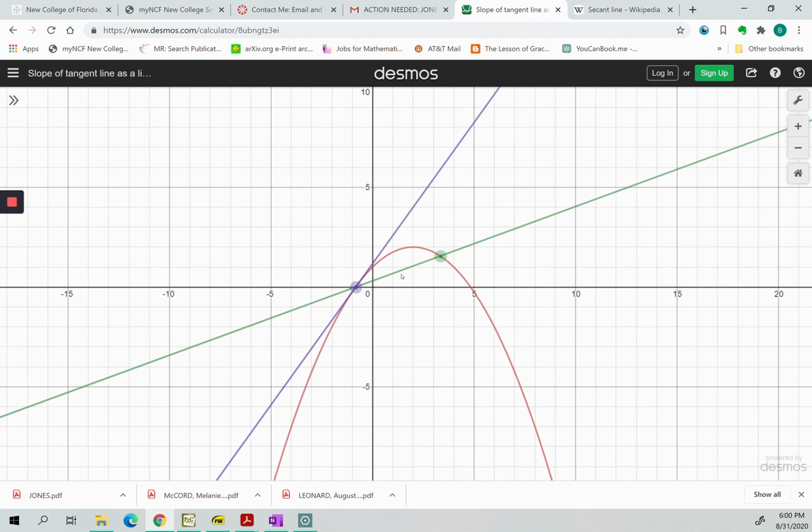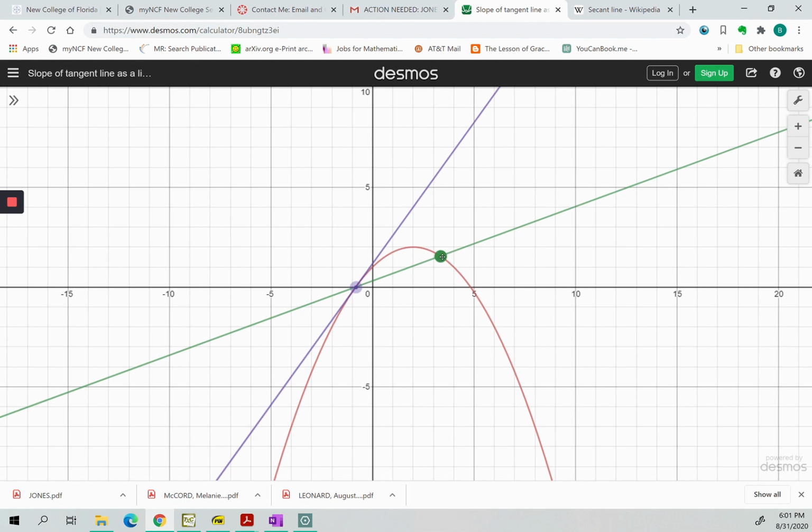This is just a picture where my function is this parabola, the red part, and graphed on here I also have the purple line, which is the tangent line, and the green line is the secant line, which goes through the same point as the tangent line over here, and then goes through a different point here.